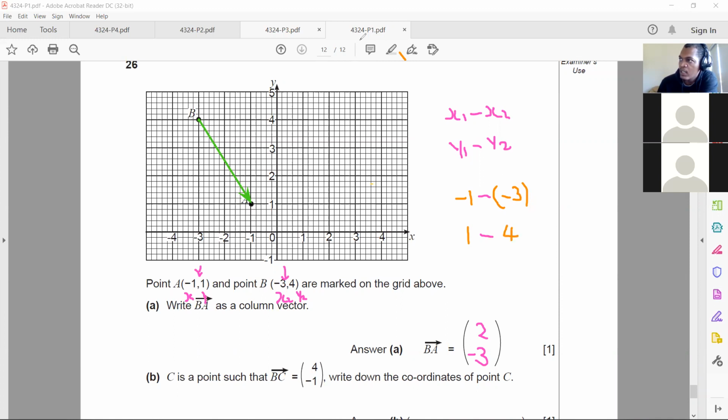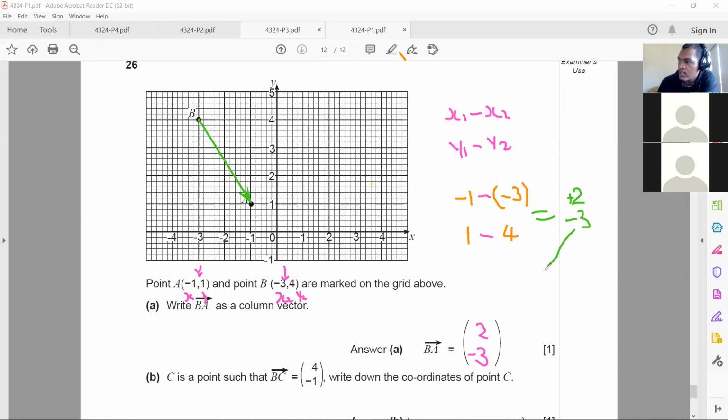Now I'm just going to fill in the answers. It should be straightforward from here. So minus 1, and this minus bracket minus becomes a plus. So minus 1 plus 3 becomes, sorry, not a minus 2, a plus 2. And 1 minus 4 becomes a minus 3.